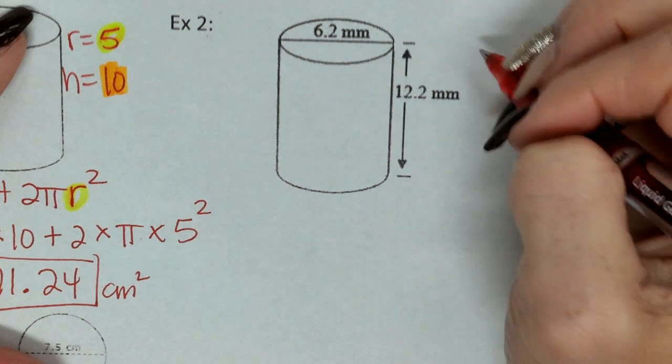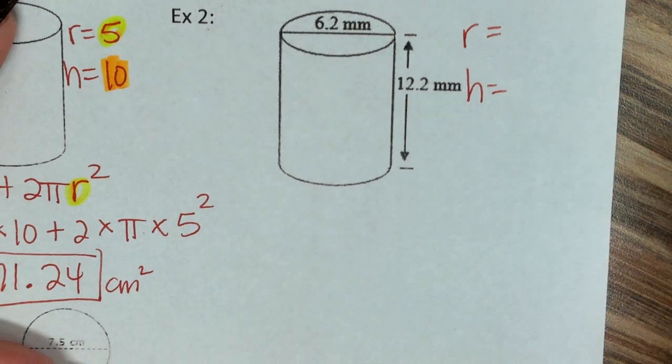All right, next example. I am going to give you 30 seconds to go find the radius and the height. Go.